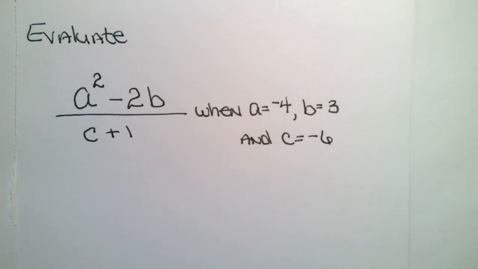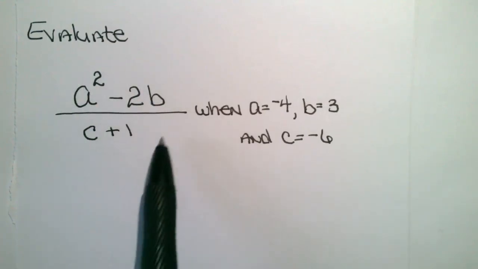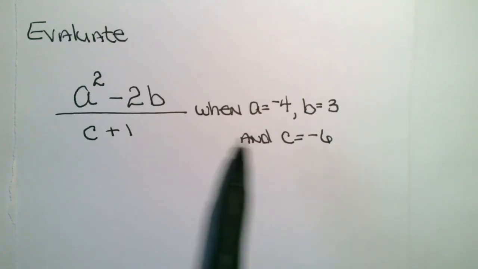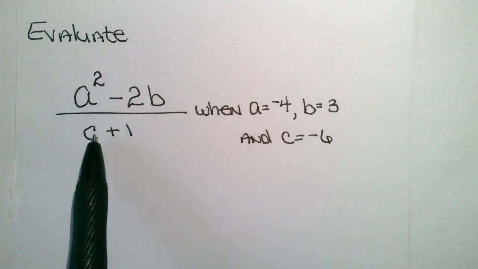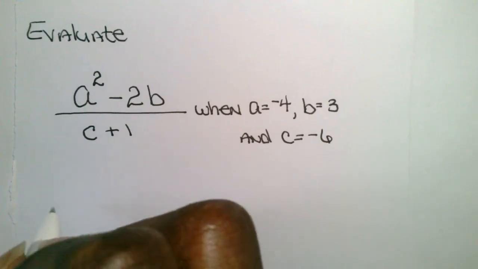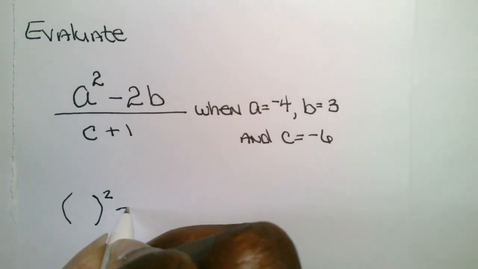So let's take a look. When you're evaluating, right now we're not solving, but what we're doing is plugging these values in for these particular variables. Instead of the a squared, something's going to be replaced there.